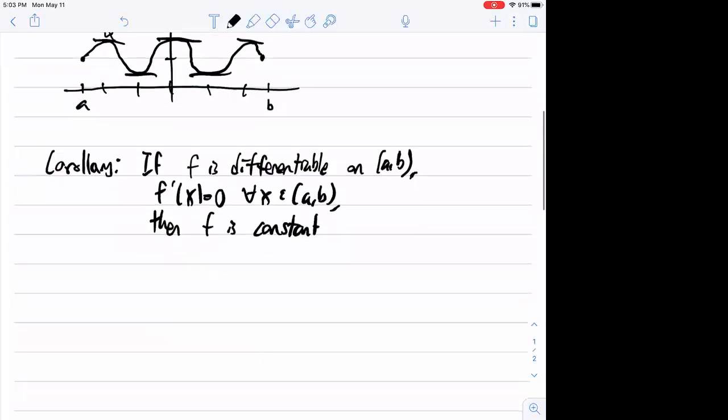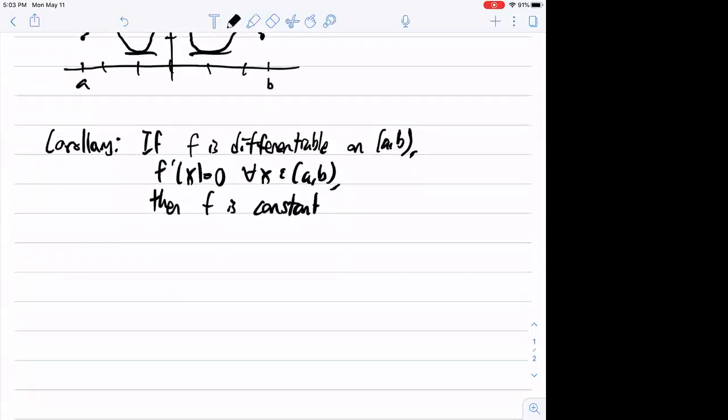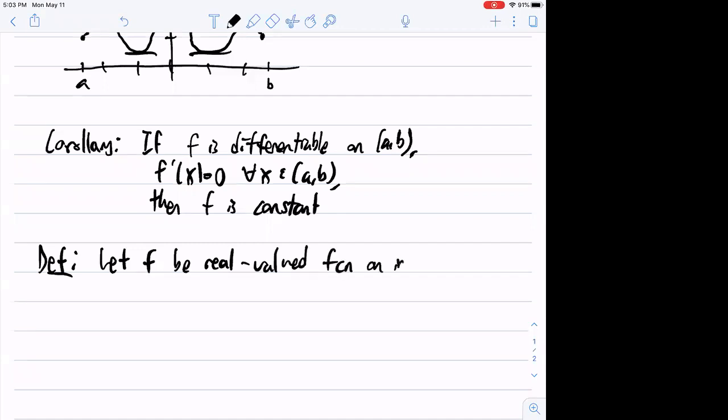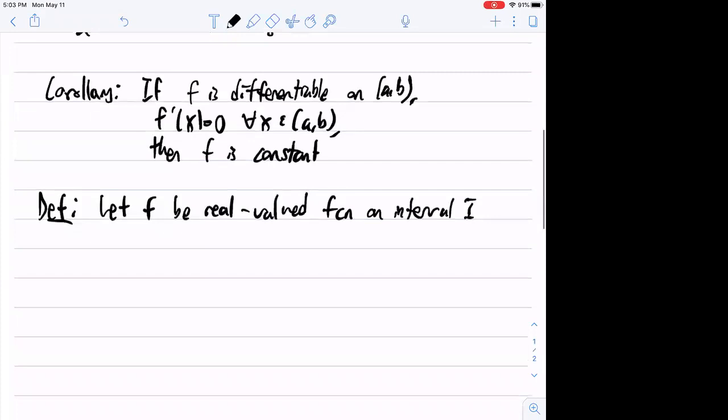Okay, so let's continue. Definition: let f be a real valued function on interval I. Real valued just means the output takes values in R, so we're not mapping to infinity or anything like that.